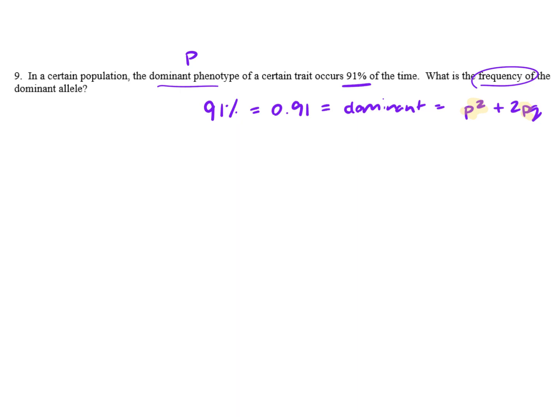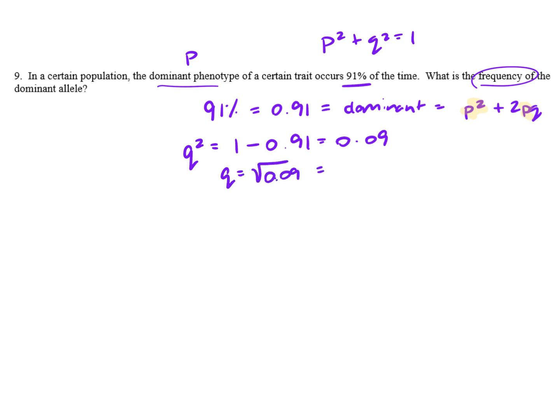So what you can do with this is figure out, again, we're going to start with the Q squared because that's always where we want to go. Remember that P squared plus Q squared also equals 1. And you can say 1 minus 0.91 is going to be 0.09. Then we can solve for the Q like usual and get the Q to be 0.3.